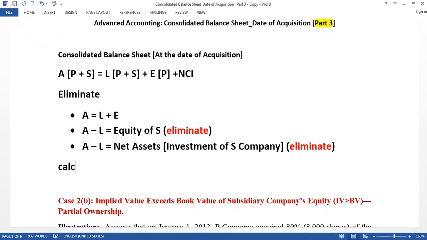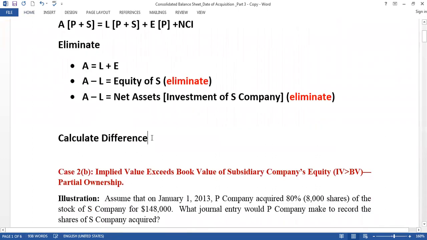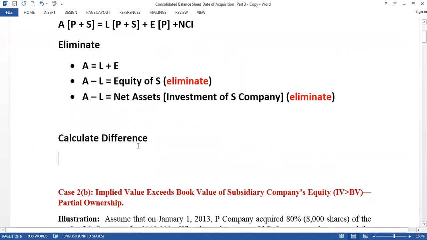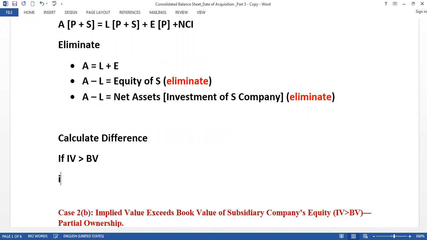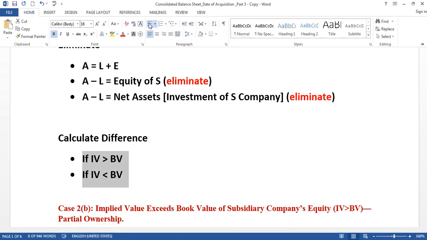Then we have to calculate the difference. How to calculate the difference if the implied value is greater than the book value, or if the implied value is lower than the book value? If this is the case, we have to calculate the difference.